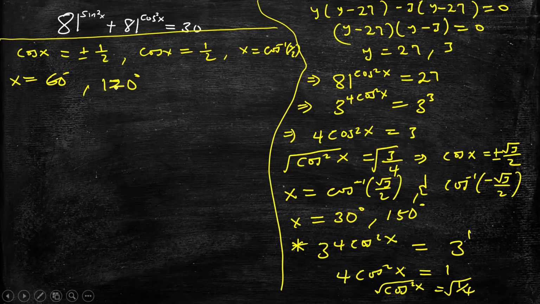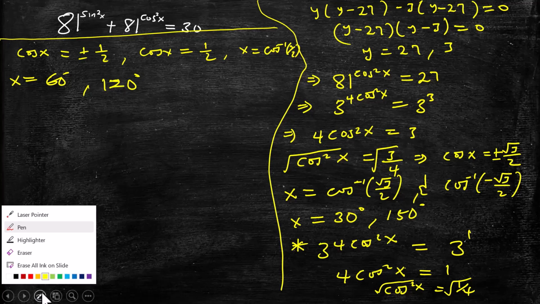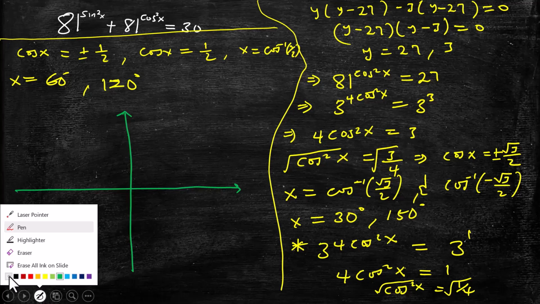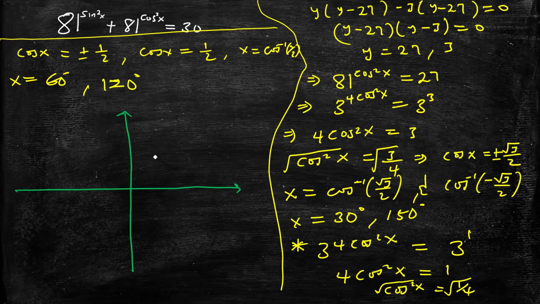Okay, so let's find the other solutions. Let's draw a quadrant. We want to find all the solutions. So we have the first quadrant, theta, then 180 minus theta, 180 plus theta, and 360 minus theta.